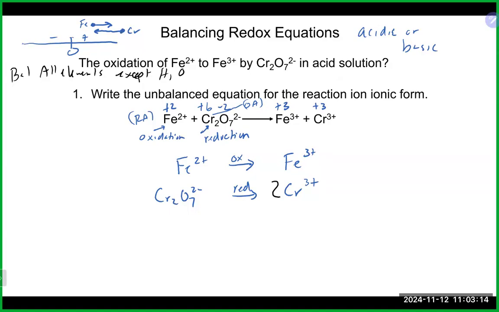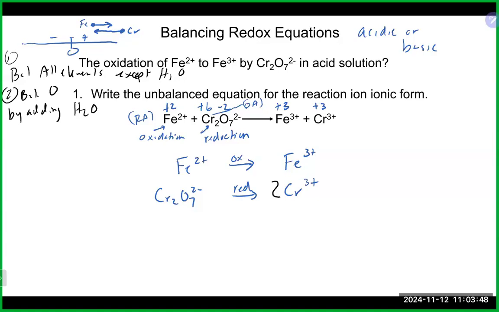Now that we balanced all of the elements besides hydrogen and oxygen, we then will balance the oxygen. And we balance oxygen in this method by adding water. And we add water to whichever side needs oxygen. Now, the problem with that is when I add water to balance out the oxygen, oxygen is H2O, which means it also is adding hydrogen.